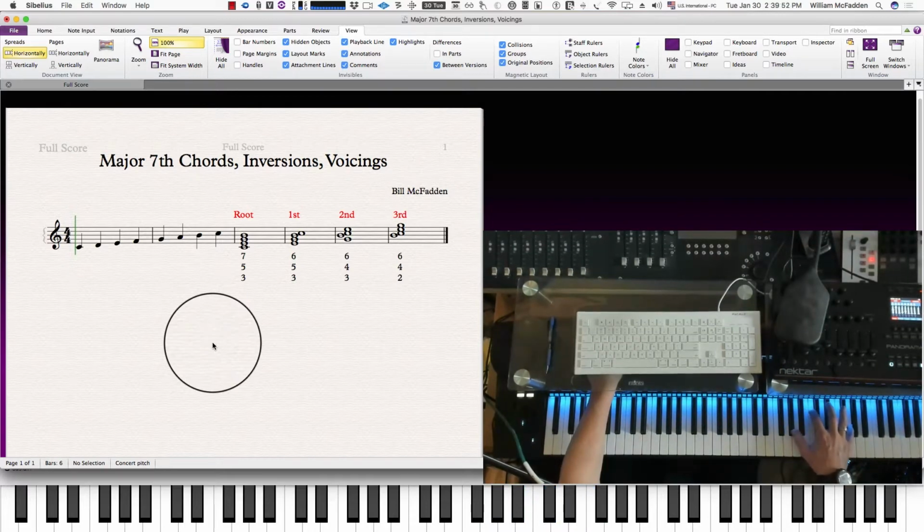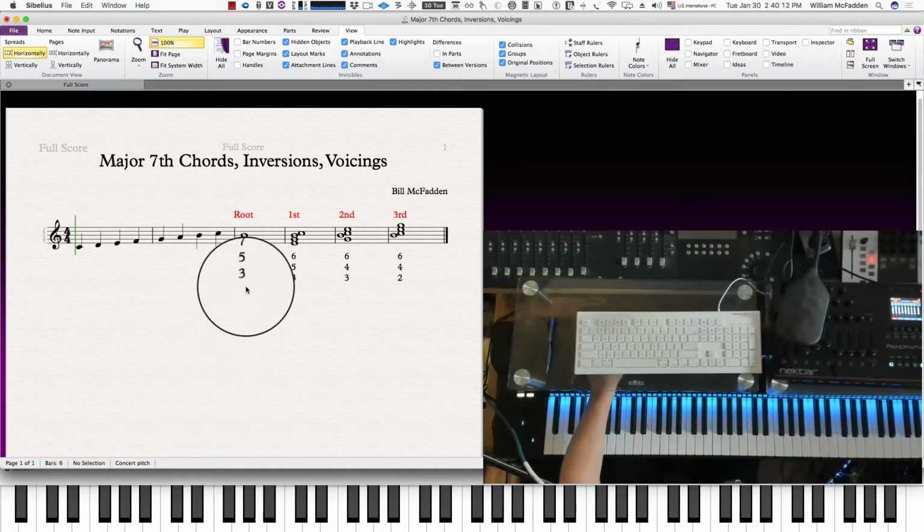And the same thing for your A flat major 7, and the same for the B flat major 7. So there's your 1, 3, 5, and major 7, which is the 7th note of the B flat major scale.